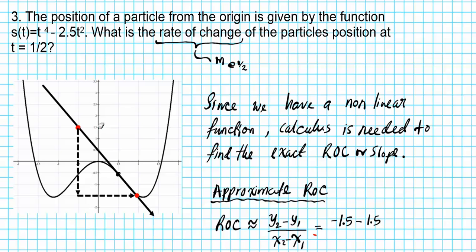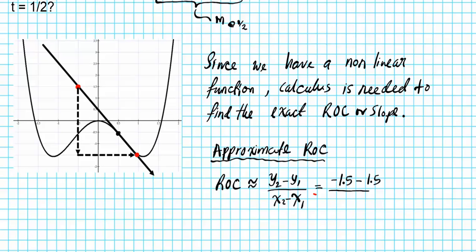That's what the drop is, because this is a y1 and that's a y2. And then when you run from negative 0.5 to 1, x2 is 1 minus negative 0.5.